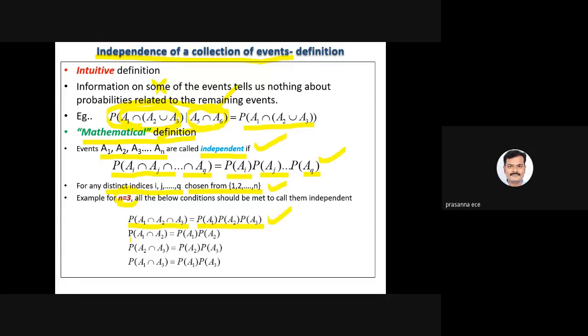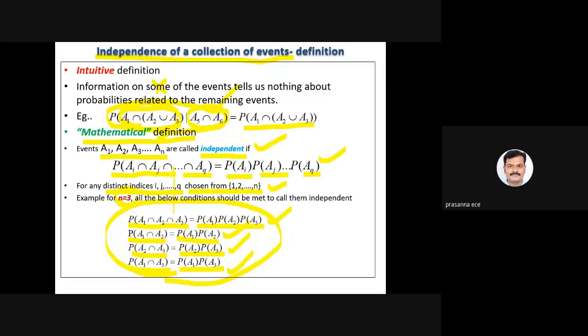Also, they should be independent by individual pairs. So P of A1 intersection A2 should be equal to P of A1 into P of A2. P of A2 intersection A3 should also be the product of their individual probabilities. Similarly, P of A1 intersection A3 should also be the product of their individual probabilities. So independence of a multitude of events is defined by having all these equalities satisfied, which is what is given in this definition.